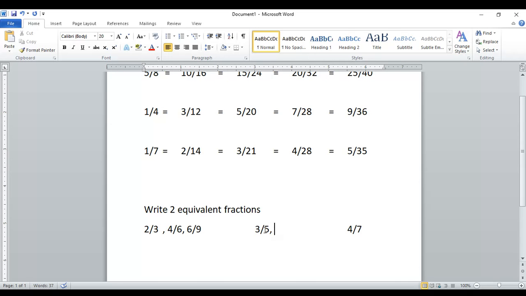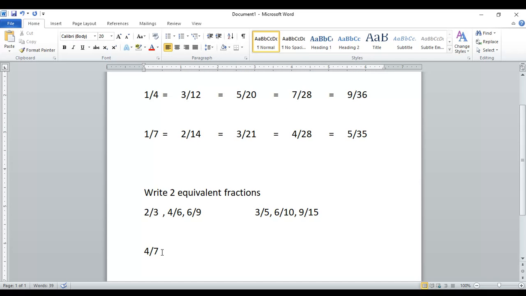So I'm going to use 2 as my multiplier. 3 times 2 is 6, and 5 times 2 is 10. And then I'm going to say, okay, 3 times 3 is 9, and 5 times 3 is 15. So here are my equivalent fractions for 3/5. And then the last one that I have to do is 4/7.